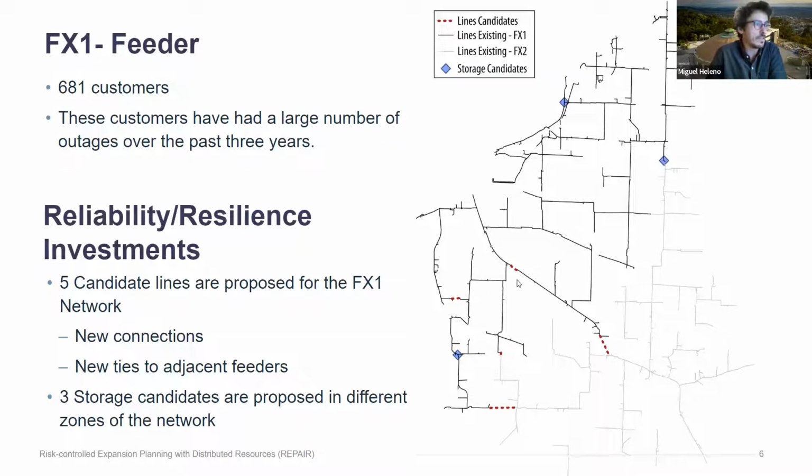But say this set of 5 investments, I mean these 5 new line connections and this battery investment, was what they proposed to the regulator to be approved as a reliability investment.